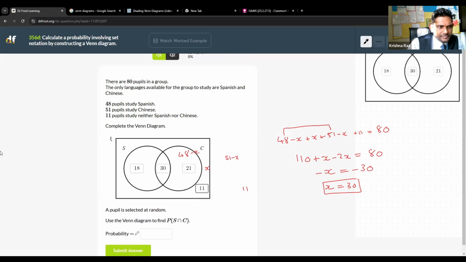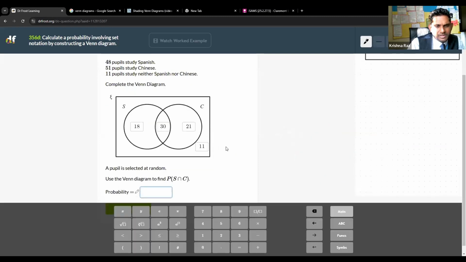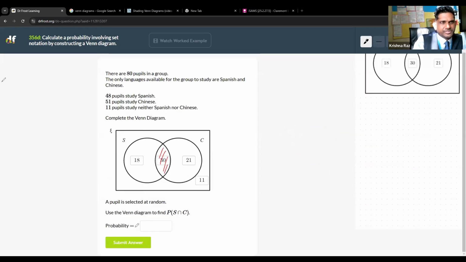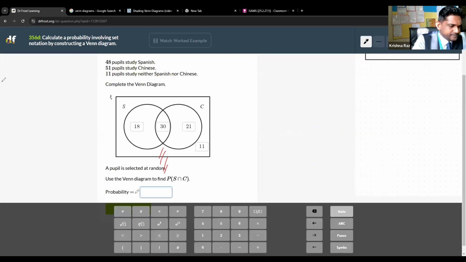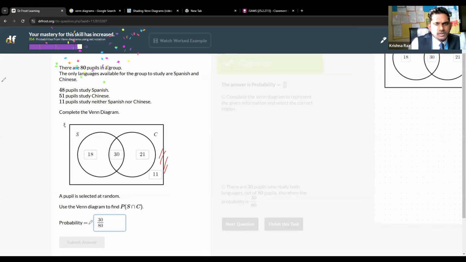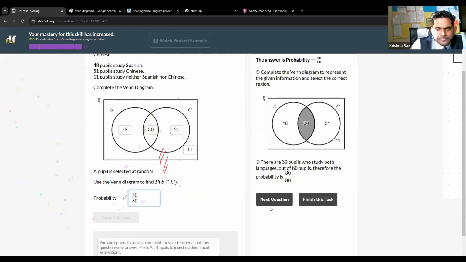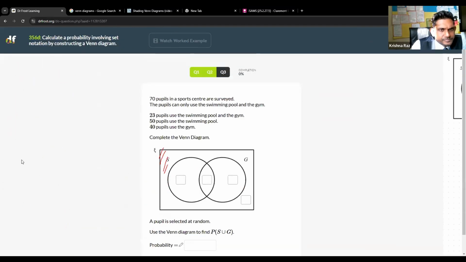We had 11. So the probability of being in both is the intersection, which is this bit here. So we have 30 out of 80. Boom. Let's do another couple.